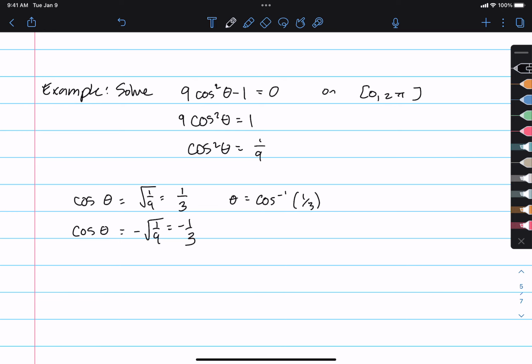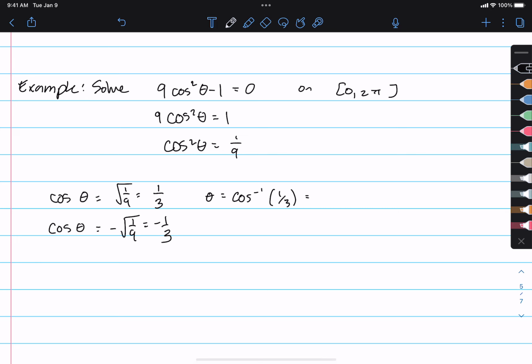And if you do that in your calculator, and make sure your calculator's in radian mode, you're going to get 1.231 radians.